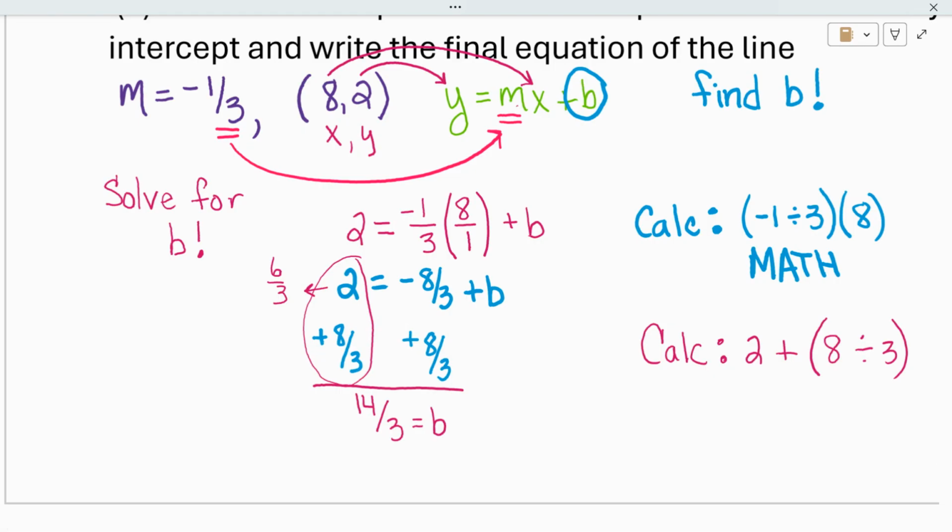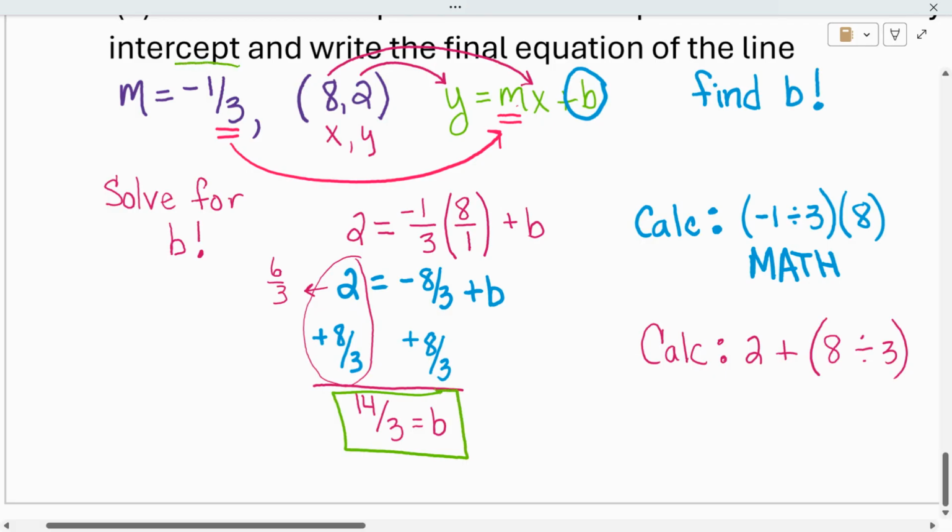You have to make sure that you group that fraction. 14/3. What did I get? So it's 14/3. Do not leave it as that horrible decimal. So we know that our y-intercept is 14/3.